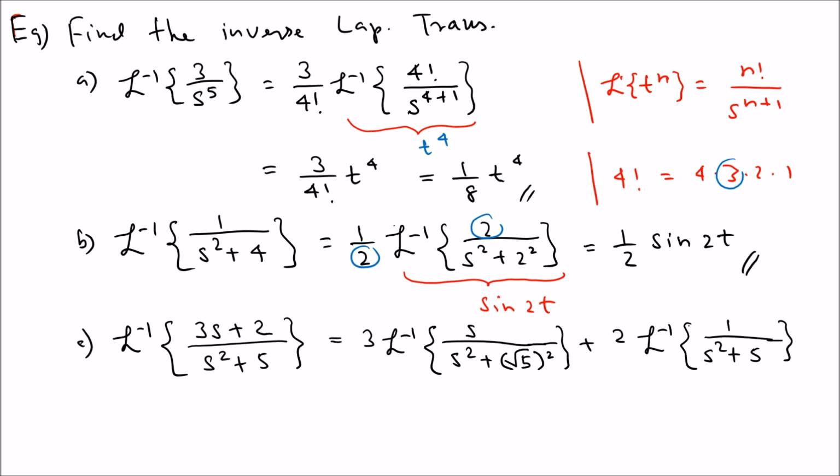Then we're going to see whether this matches anything. The first one matches the cosine. So that's okay. This is simply cosine, omega is square root 5, so cosine of square root 5 t.